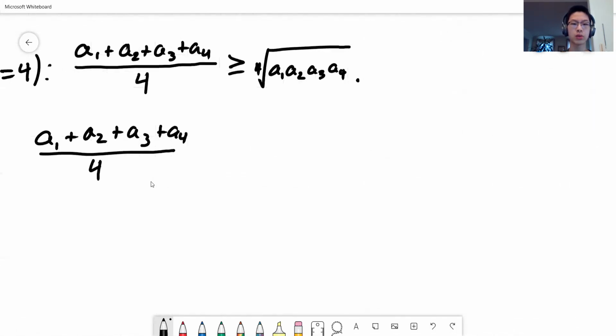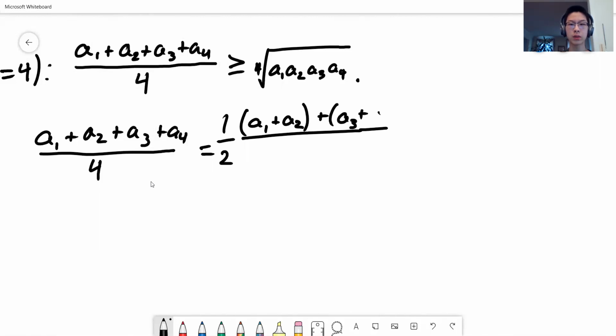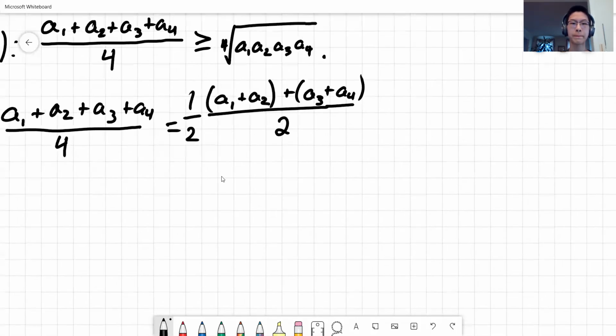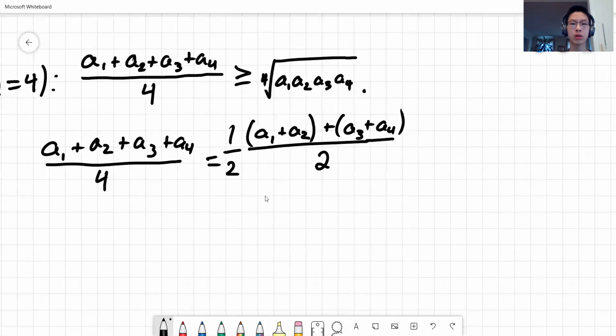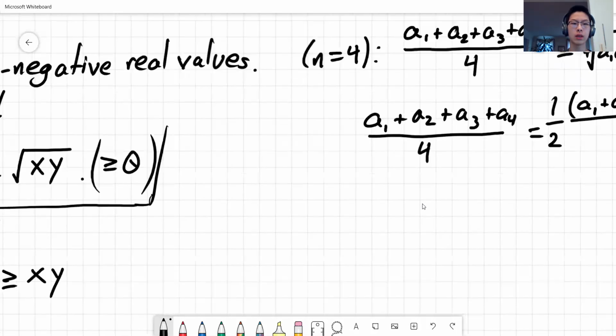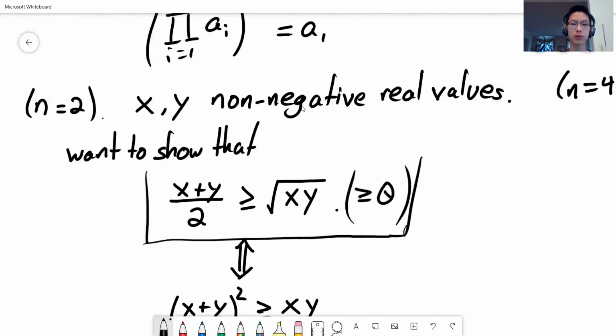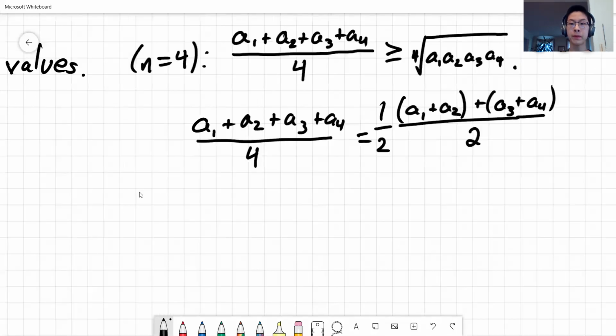Well, this is equal to 1 over 2 times a1 plus a2 plus a3 plus a4 over 2, right? And so now we can use the n equals 2 inequality that we just proved, right?